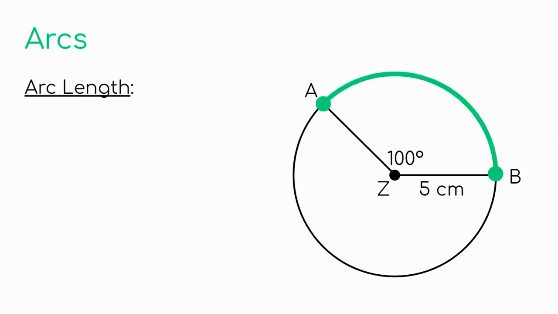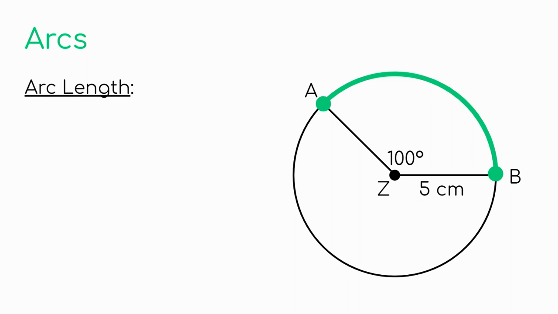But you'll notice here our arc AB is not all the way around a circle. So we don't want to find the circumference of the circle. We want to find just part of it. We want just 100 degrees worth of the circumference. So we're going to take our circumference and multiply it by the fraction of the circle we want. We only want 100 degrees out of the whole circle, so out of 360.